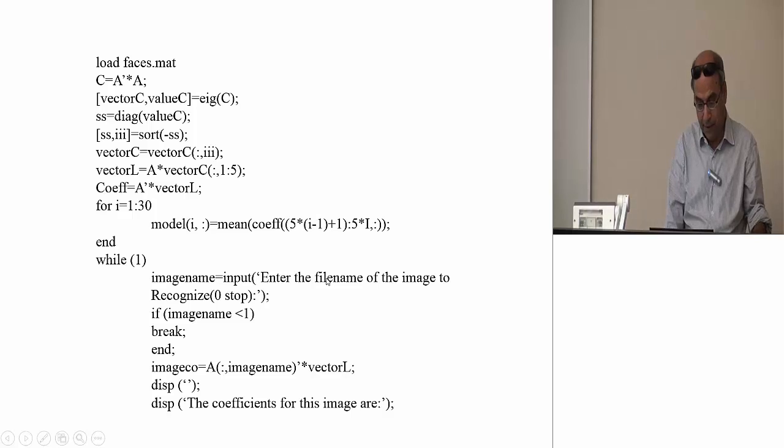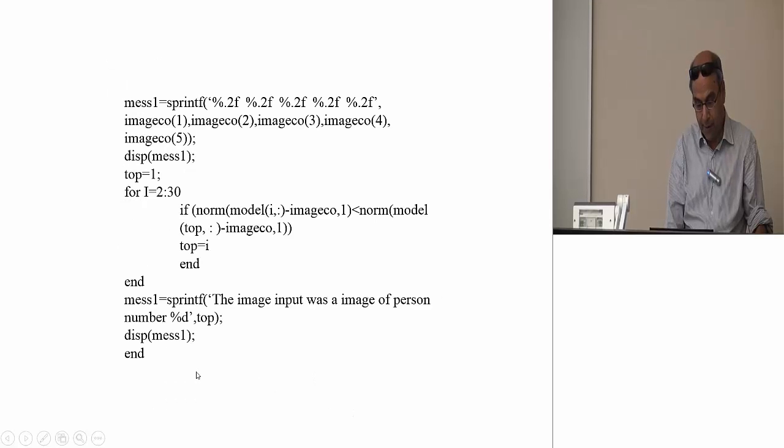Now you want to recognize, so you enter which image you want, and then compute again the coefficients of that image, and then you compare that with all the models you have, which is shown here.